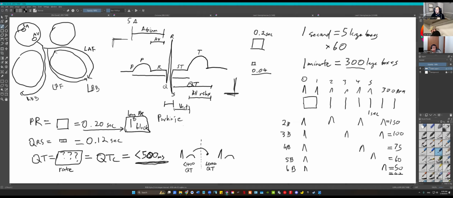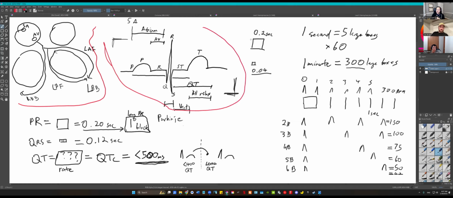So while Ian is furiously scribbling, I'm going to circle some things that are worth remembering. Be able to draw this, be able to make this. Remember large blocks and little blocks.